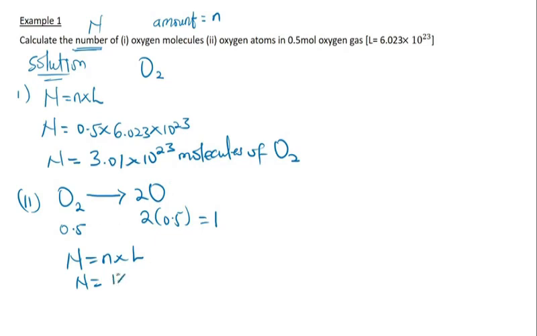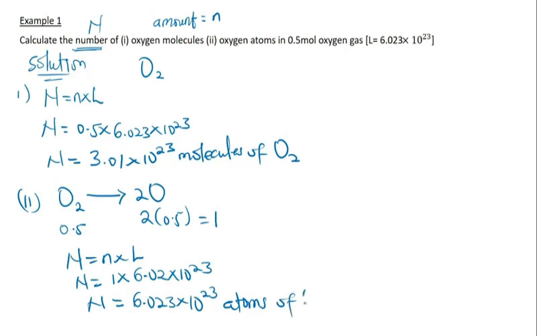So it's 1 multiplied by 6.02 times 10 to the power 23. This is still the same amount of entity, so it's 6.02 times 10 to the power 23 atoms of oxygen. Okay, so this is just the first example.